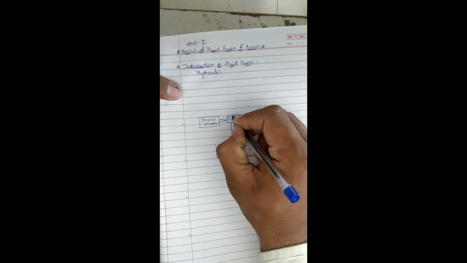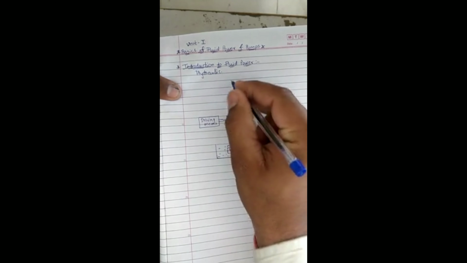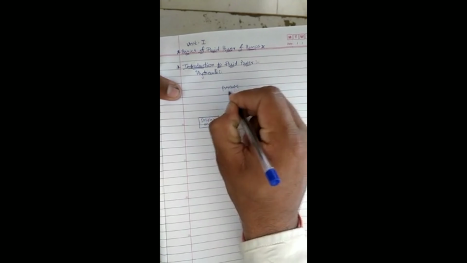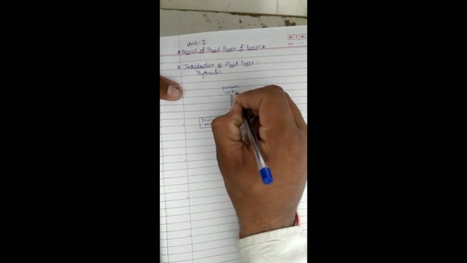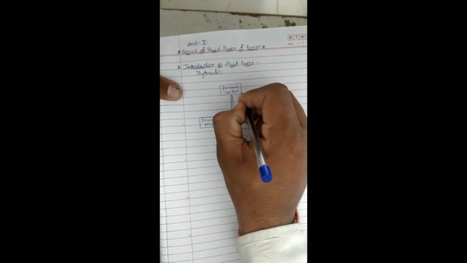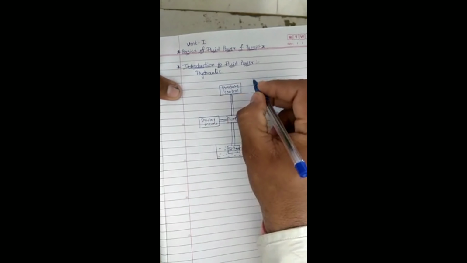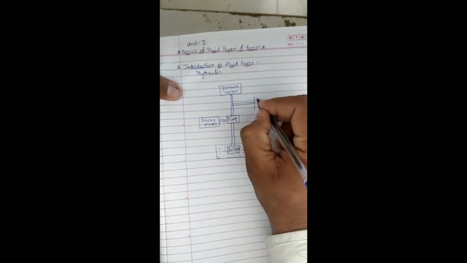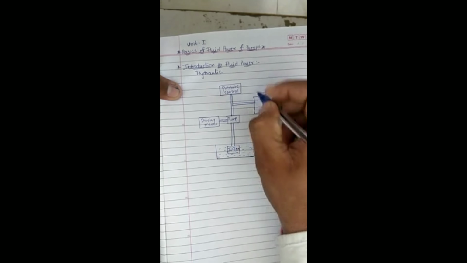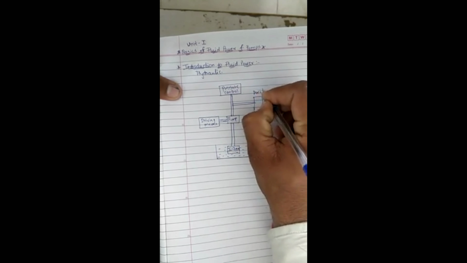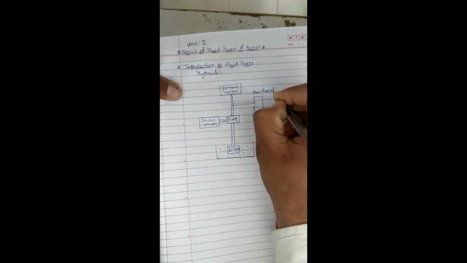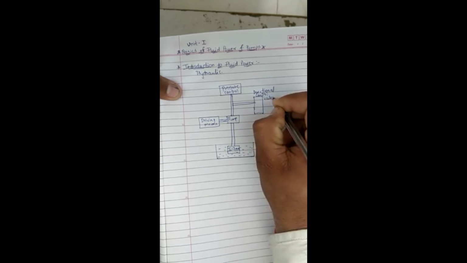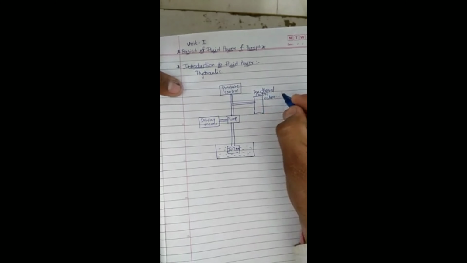Then next, there is a pressure control. Then there is a directional control valve. Okay.